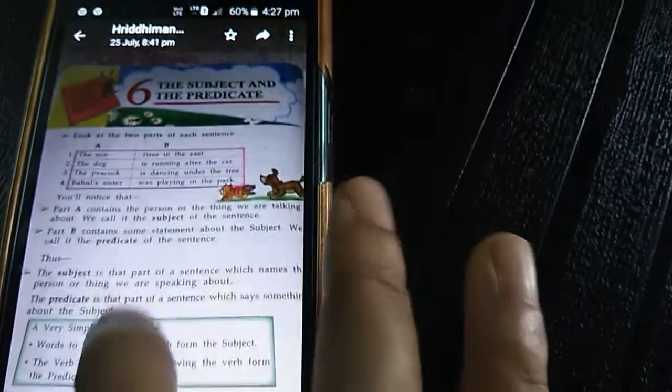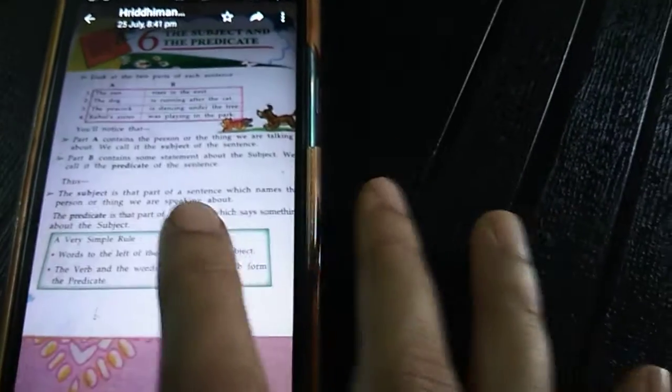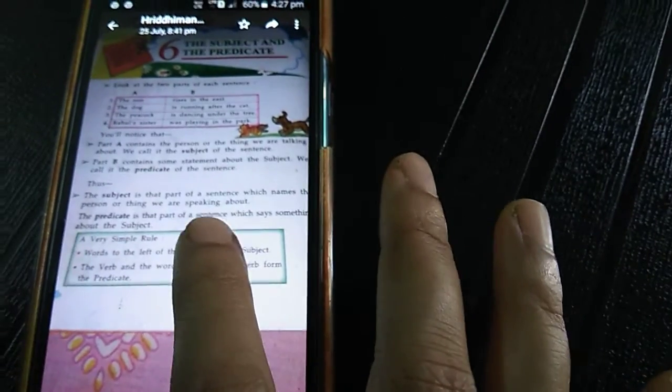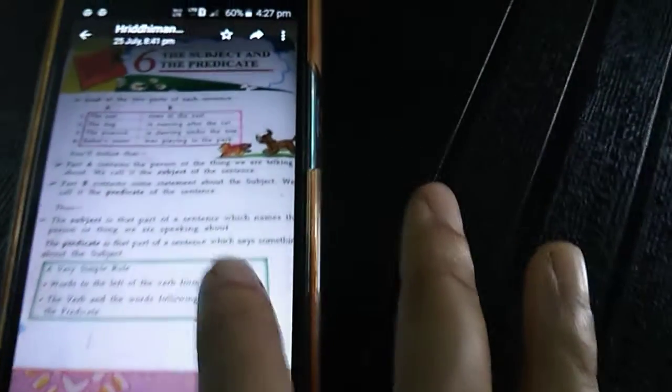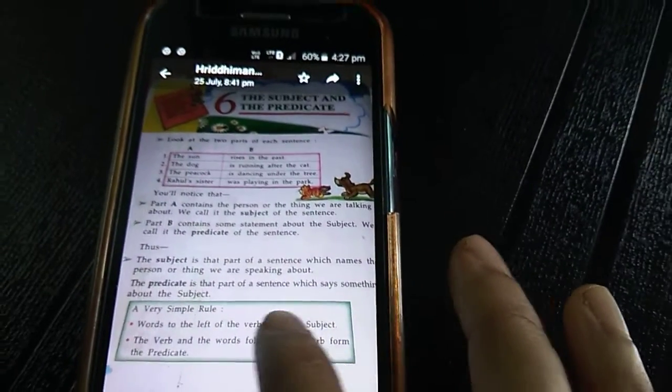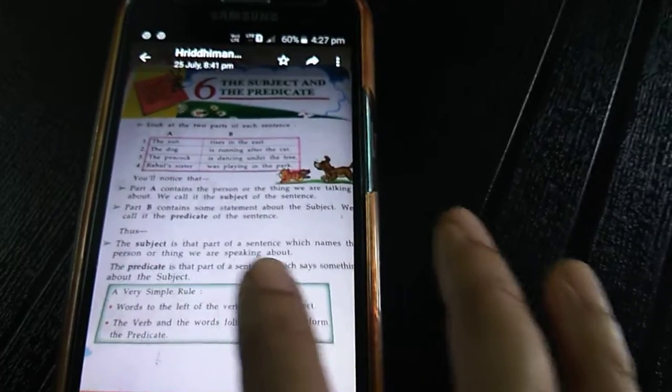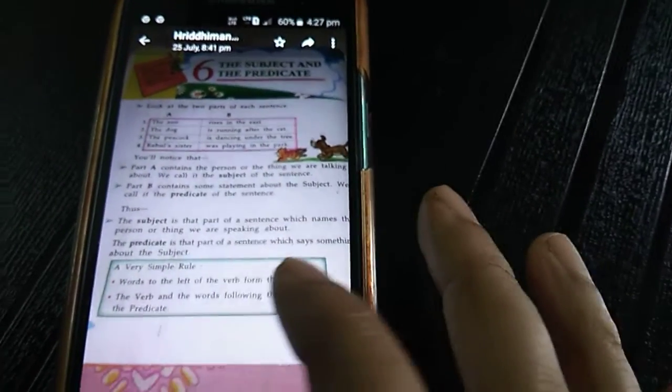Thus the subject is that part of a sentence which names the person or thing we are speaking about. And the predicate is that part of a sentence which says something about the subject.